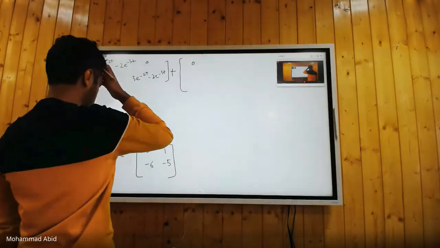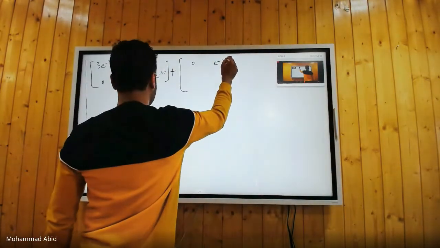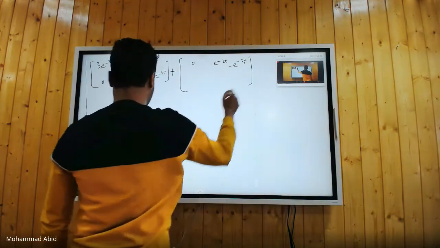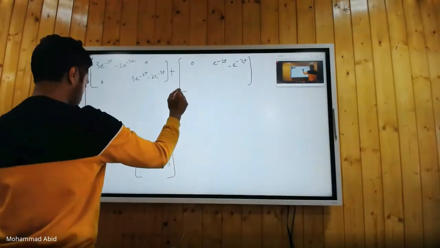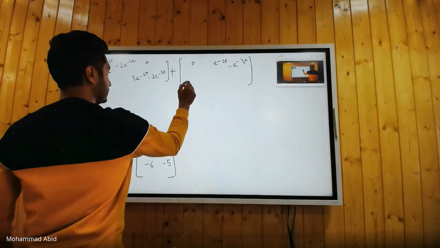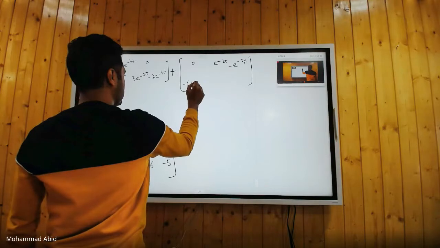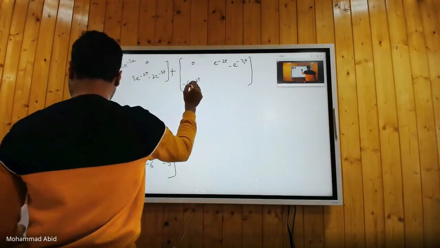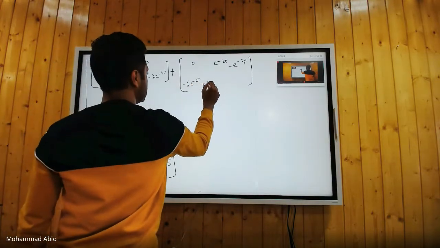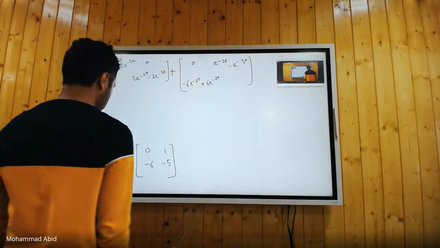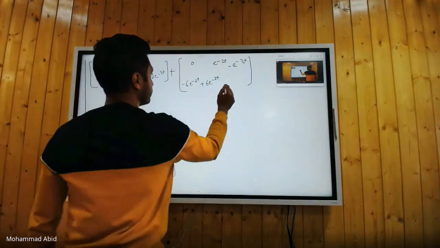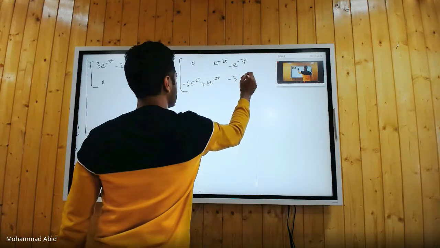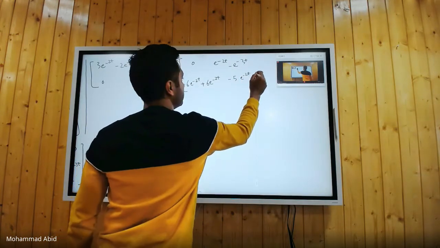This is 0. e to the power minus 2t minus e to the power minus 3t times this will be minus 6. Yeah, minus 6 e to the power minus 2t, or plus 6, yeah, plus 6 e to the power minus 3t. With the last entry, the last entry multiplied by minus 5: minus 5 e to the power minus 2t plus 5 e to the power minus 3t.